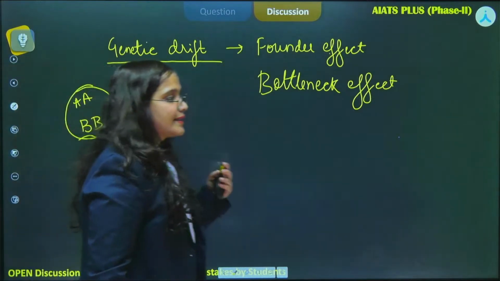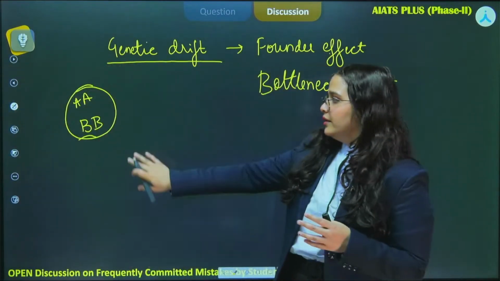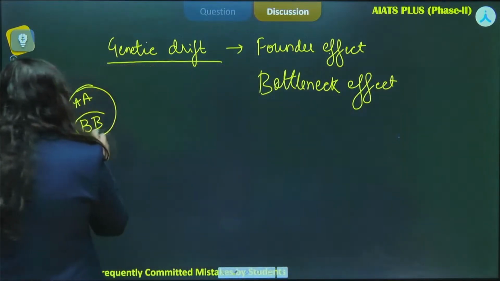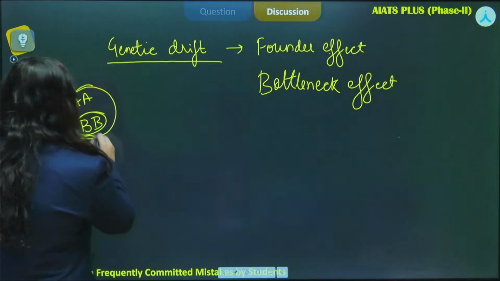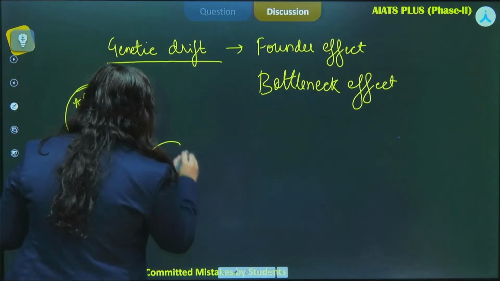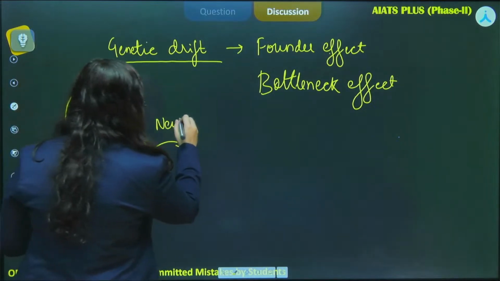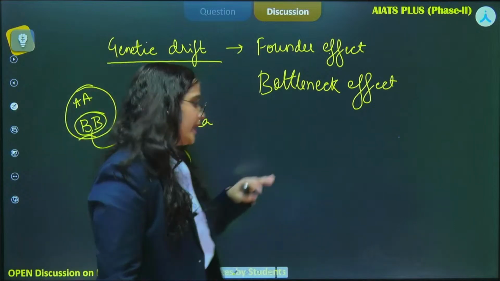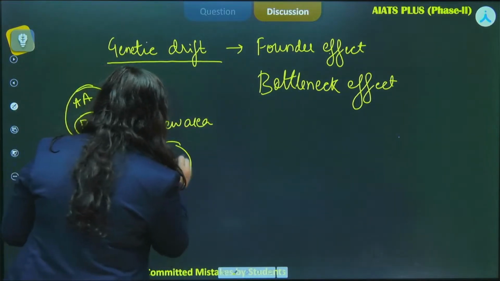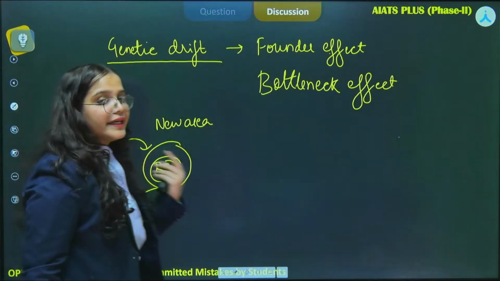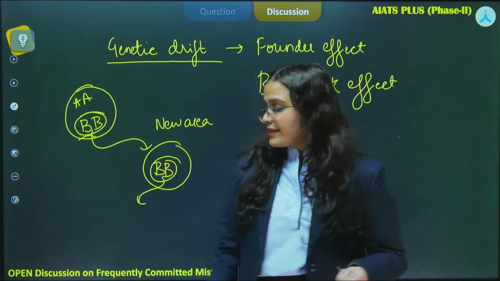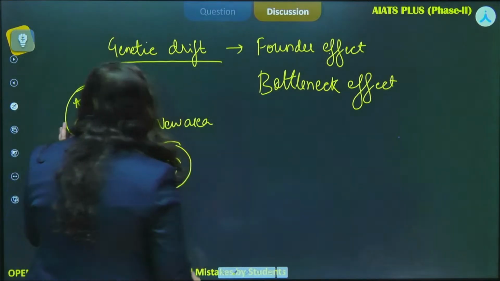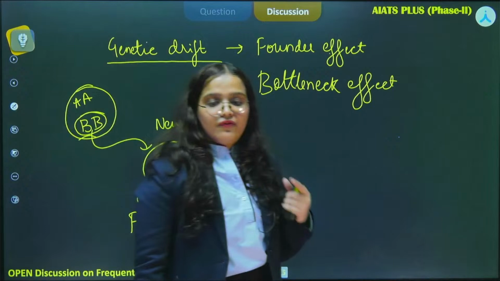Due to some competition here, it was difficult for the survival of BB. So what they did, they migrated to another new area and they started their population in that new area, and this is how this migrated population will be known as the founders, and this effect is known as the founder effect.